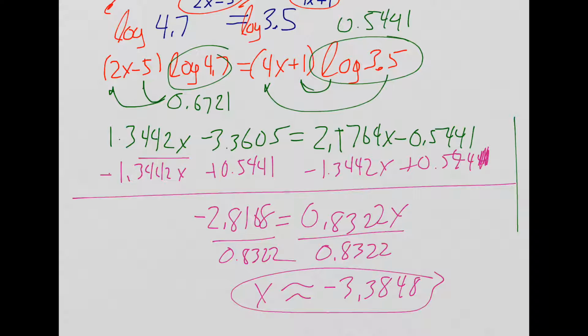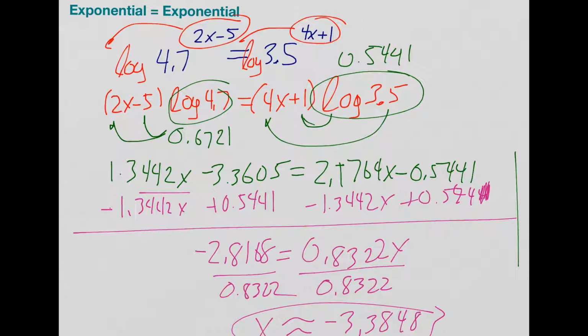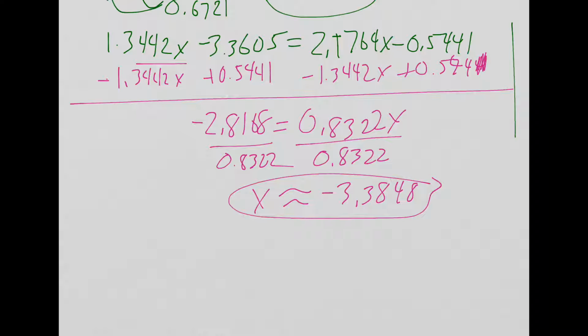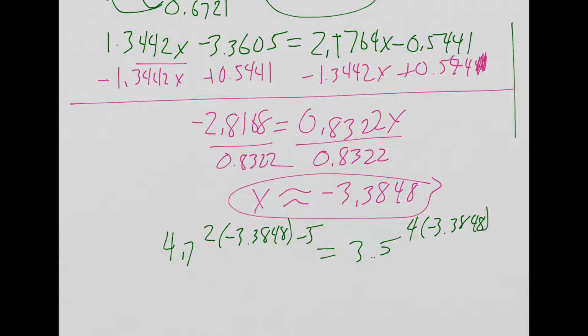And again, to make sure this is the correct answer, I am going to plug that value back into x in this equation. So to check this, I'm going to have to do 4.7 raised to the 2 times negative 3.3848 minus 5 equals 3.5 raised to the 4 times negative 3.3848 minus 1.